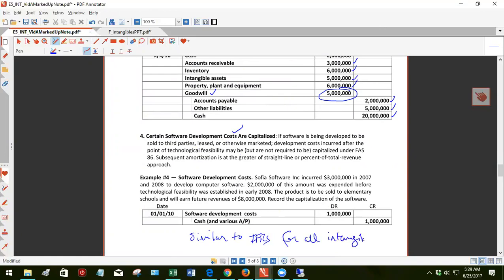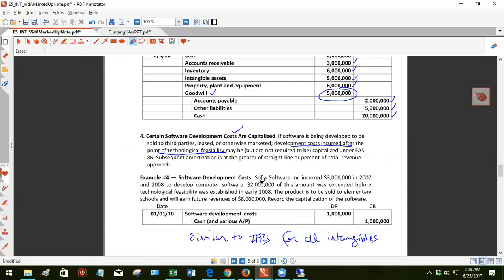Under IFRS, any development costs incurred after technological feasibility are required to be capitalized. Under US FAS, they're not required. Under IFRS, they are required to be capitalized, regardless if it's software development cost or patents or anything.